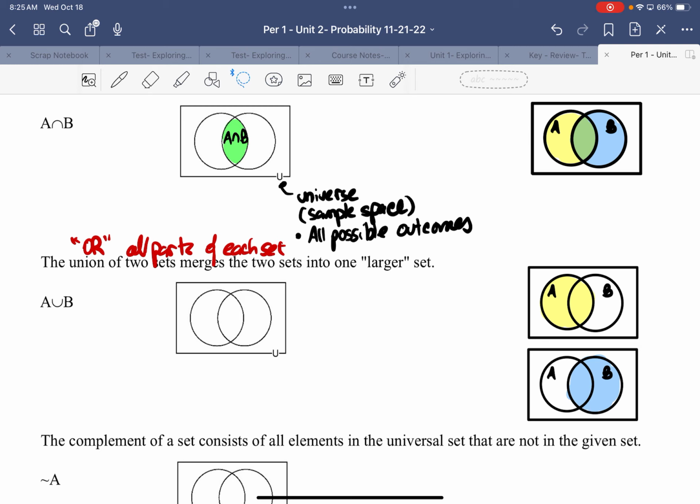I'm either wearing a hat or sunglasses, now it is a choice. But if I say I am wearing a hat or sunglasses, if I walk in a room wearing a hat only, sunglasses only, or a hat and sunglasses, then I have satisfied the rule of or, all right?